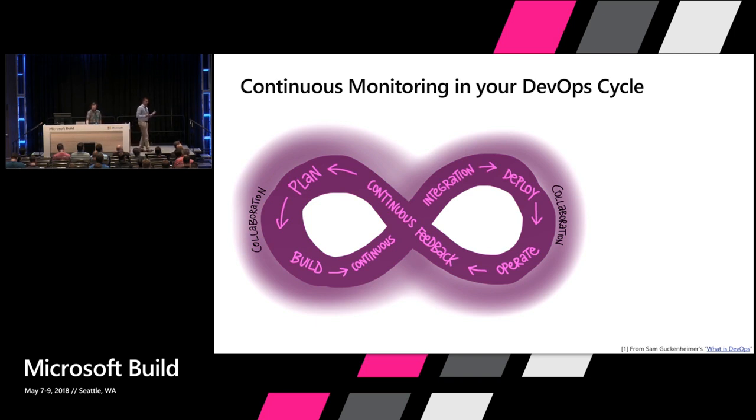So even if you look at the various pieces, continuous integration, as developers do, as you're building and testing your code in your own environment, you want to be able to find exceptions right away and use application telemetry to find and fix these as you're doing that.